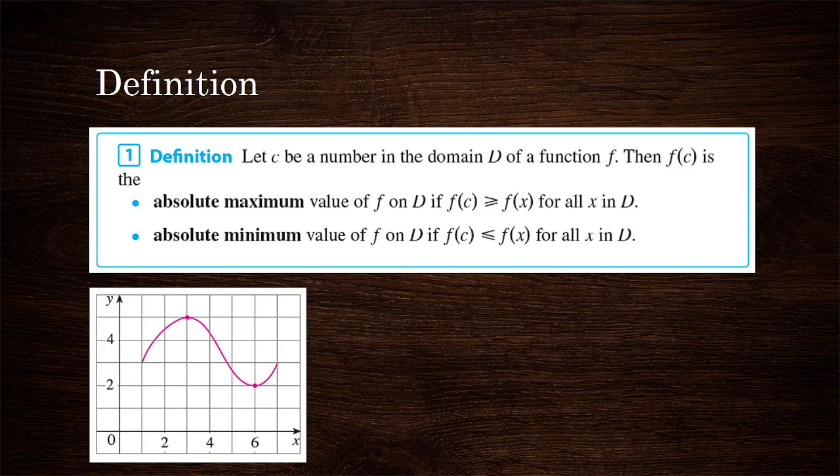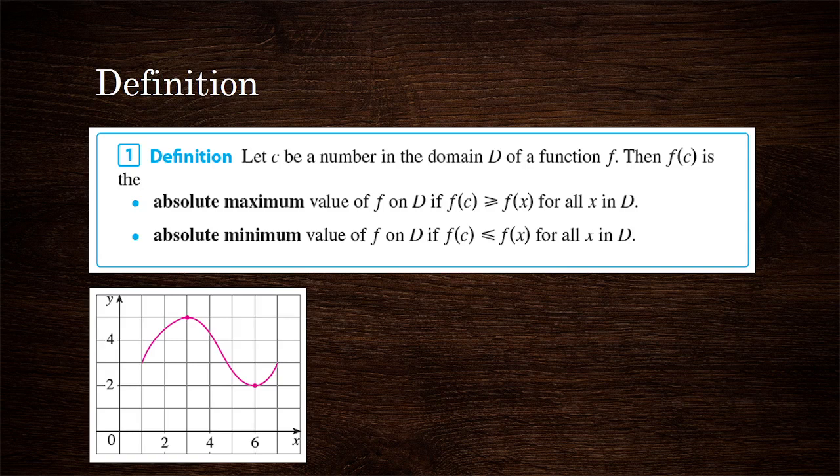Since it is minimum, if c, the specific number that we distribute to the function, gives the lowest value that we could get out of all the values of f of x.